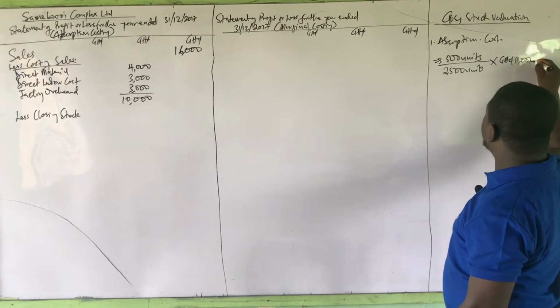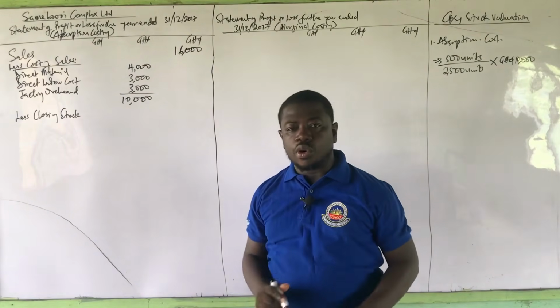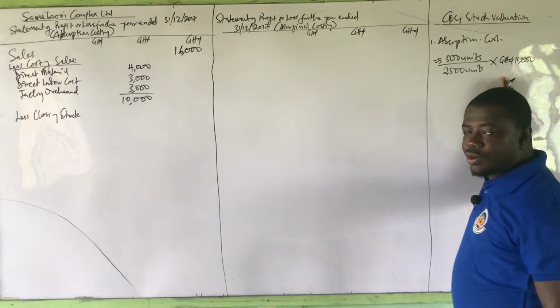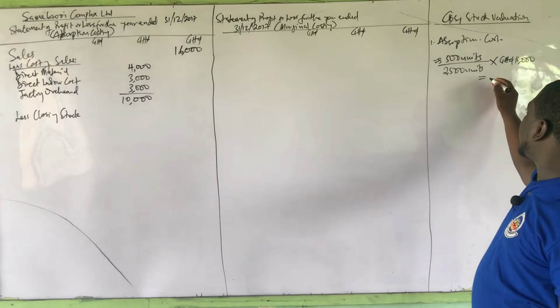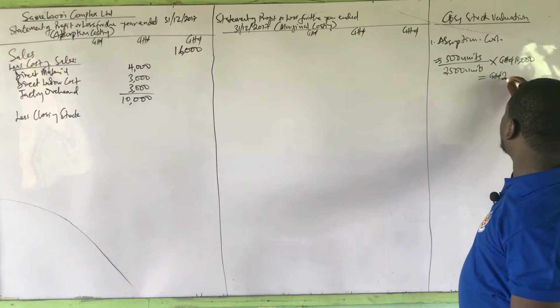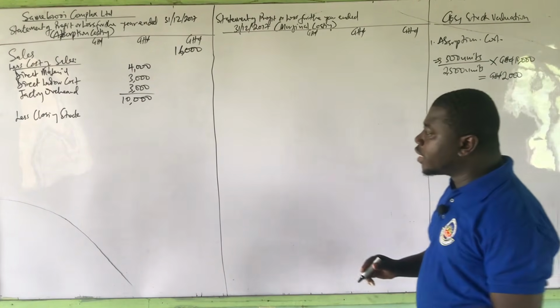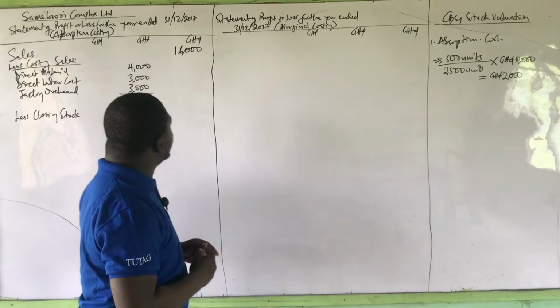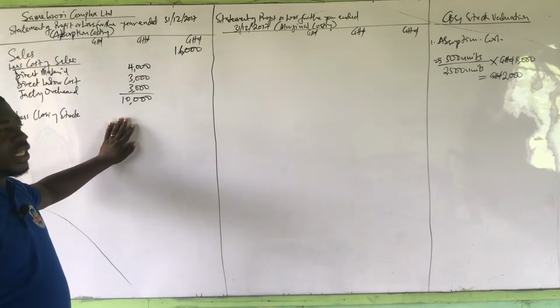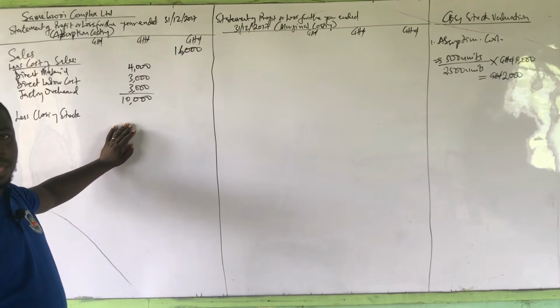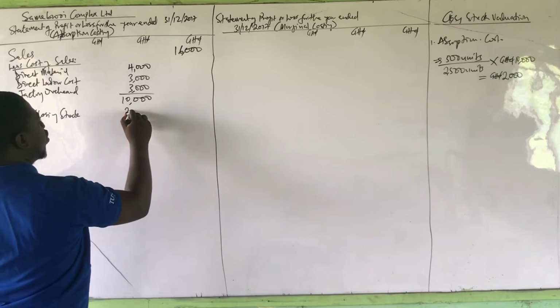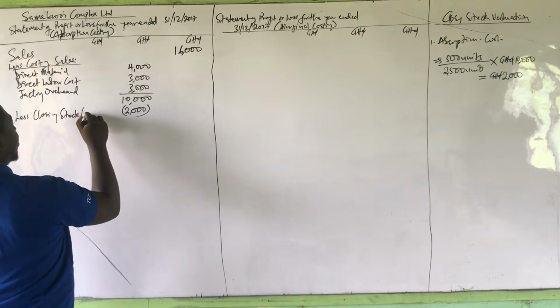So it means that if you compute and you get a wrong cost of production, you are also going to get a wrong value for your closing inventory. And that is going to give us 2,000 Ghana cedis. So it means that the value of our closing stock in the absorption costing is 2,000 Ghana cedis. And so closing stock, we less closing stock 2,000. So we can say from working 1.